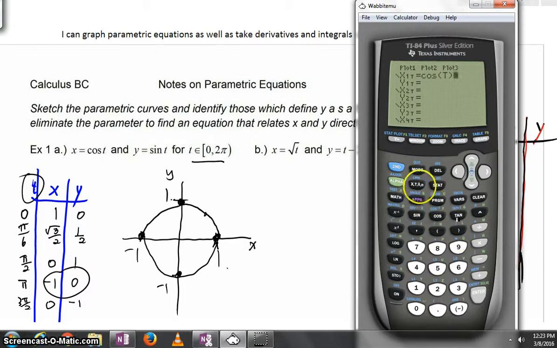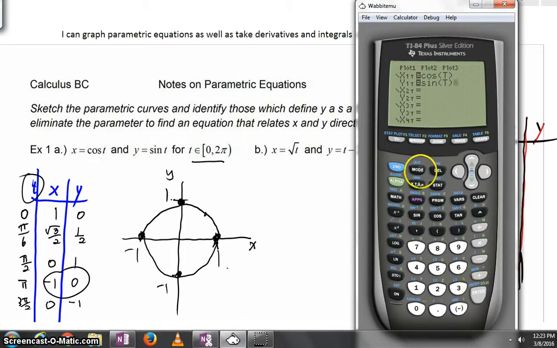And how do you do that? You just press the X,T,theta,n button. Your x button now represents t. Your y is going to be the sine of t. And we can get this graphed rather quickly. We can see where we're headed with this.